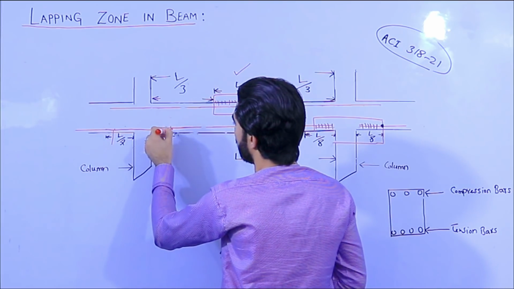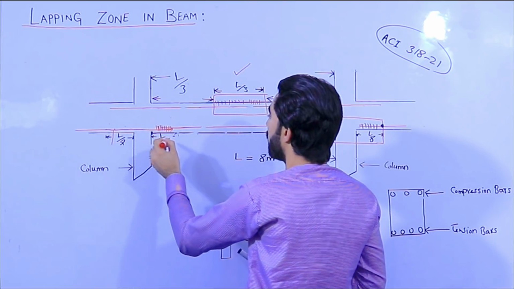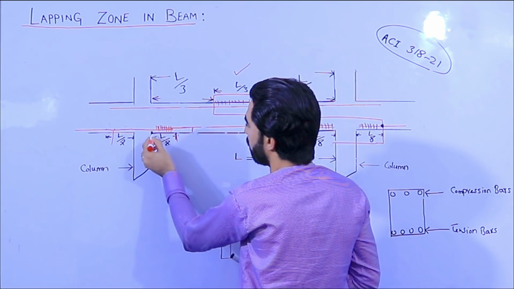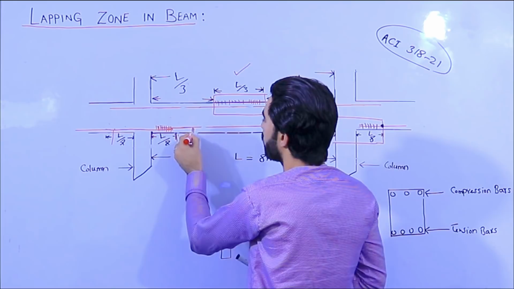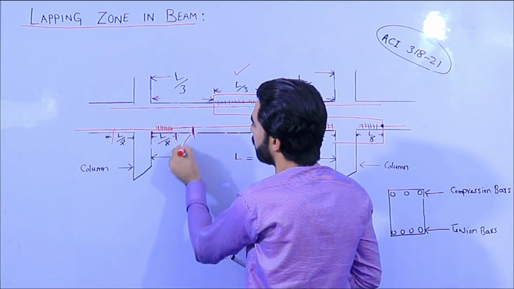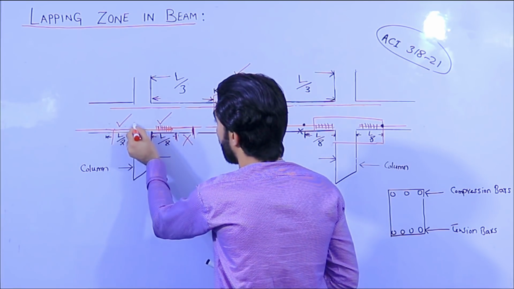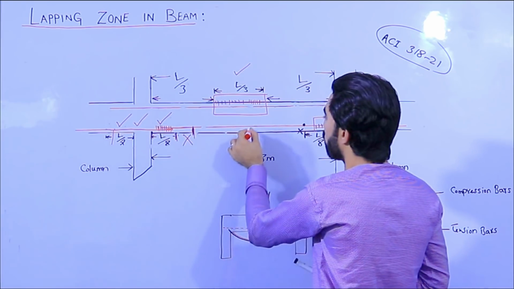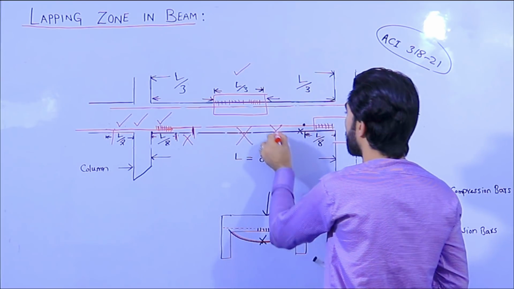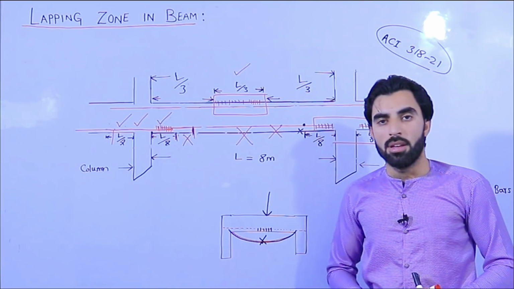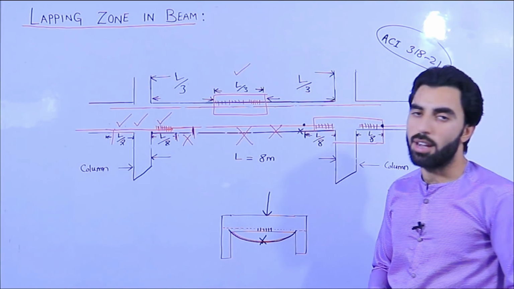This is the point. But we will not provide from here because we have the L by 4 distance from here to here, 1 meter. So we can't provide from here, but we can provide at this point or at this point, but we cannot provide at the mid. Otherwise the beam will fail after some time.